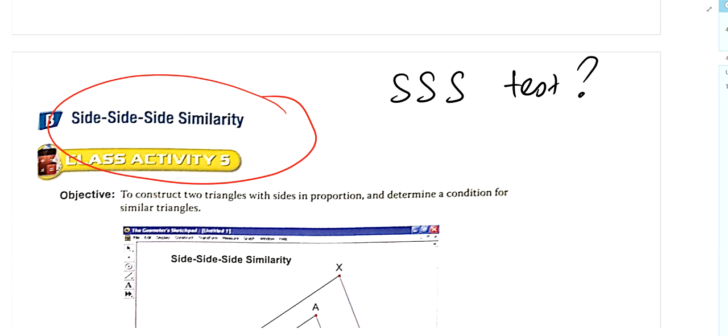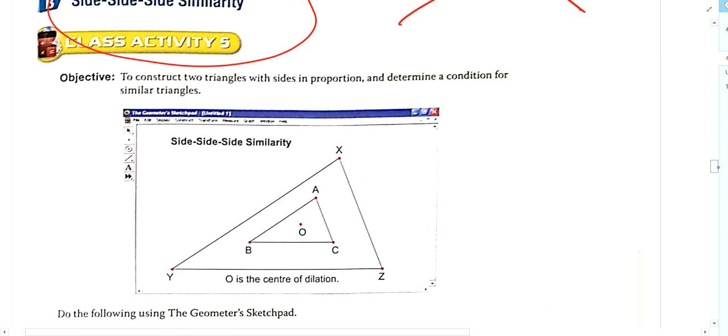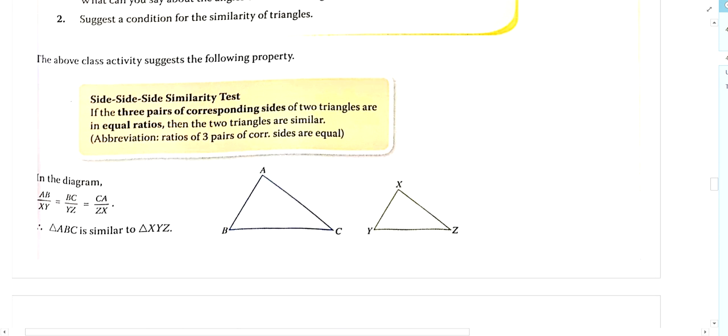Then I've already got SSS, right? That is why we don't want it. You're not allowed to write side-side-side similarity test. Instead, you should be writing ratios of three pairs of corresponding sides are equal. This is the name of the test that we're going to use. Okay, this is what we're going to quote. So likewise, put a star, memorize.